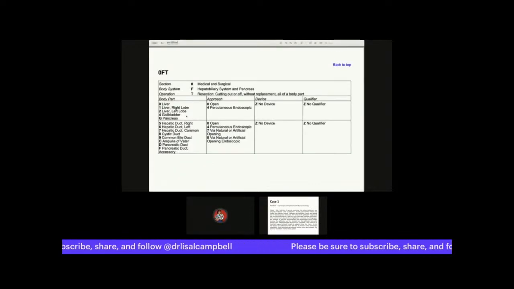If you have the physical book, you are actually going to turn over to the table. And so now we're at 0FT, medical and surgical, hepatobiliary system and pancreas, and then the root operation of resection. Notice the definition is provided for me again so that I can confirm that this is what I want.